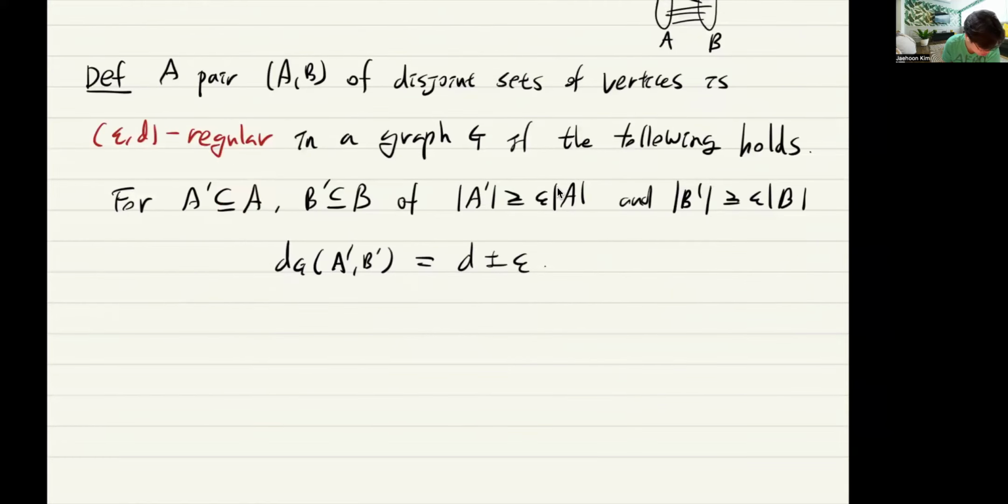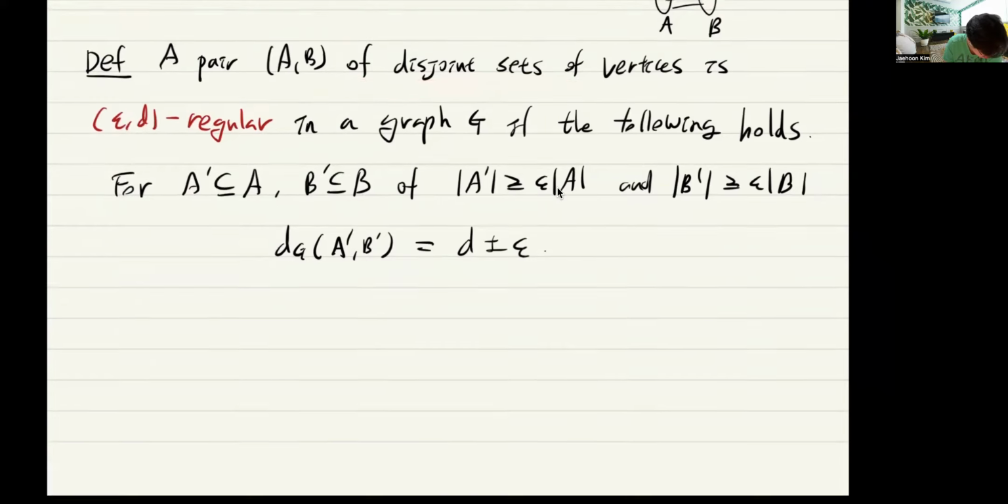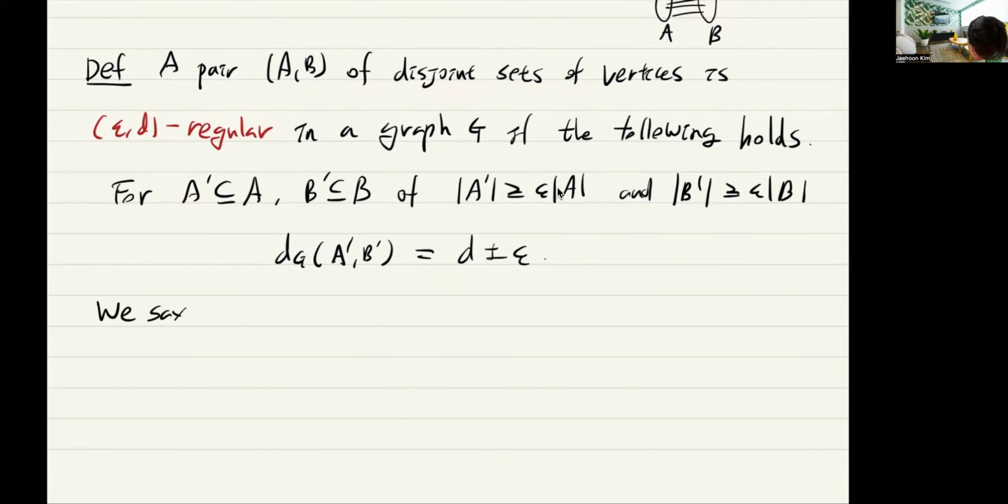It is at most d plus epsilon and at least d minus epsilon. Then we say that this is an epsilon-d regular pair. And we say that the pair AB is epsilon regular if we don't specify d for this.